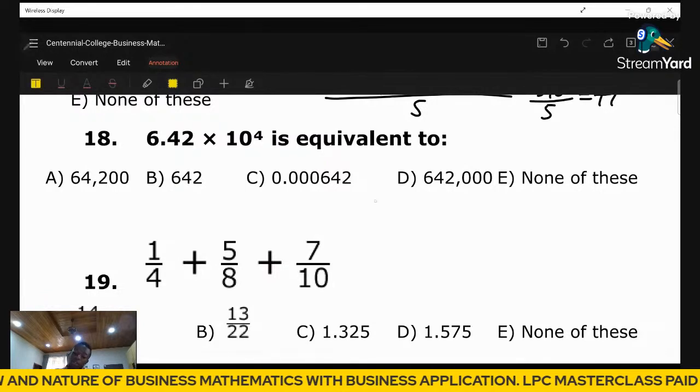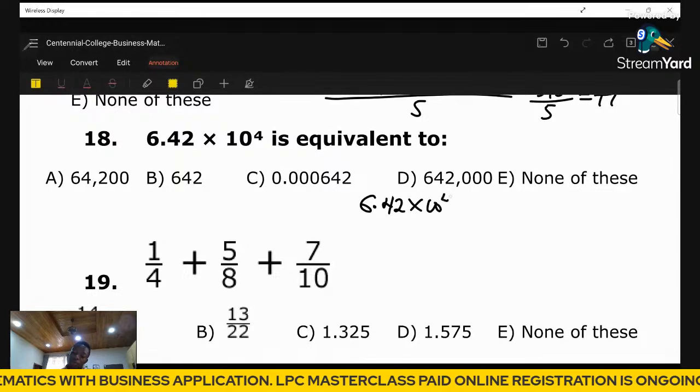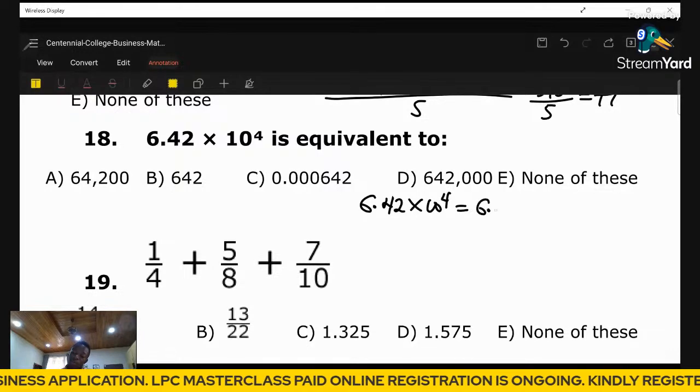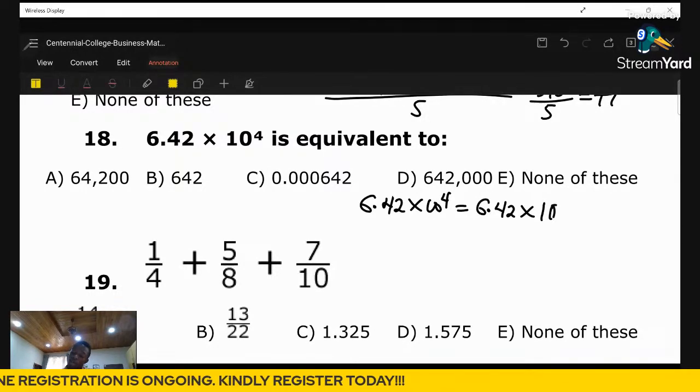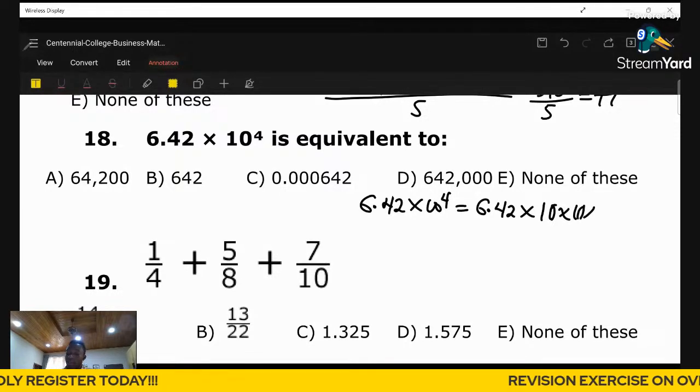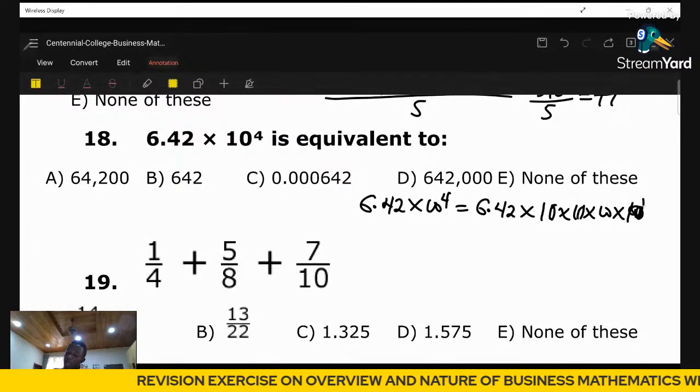So here we have 6.42 multiplied by 10 to the power of 4, which can also be written as 6.42 multiplied by 10, multiplied by 10, multiplied by 10, multiplied by 10. How many groups of 10 do you have here? 4. With our law of indices, if you have the same base, we just add the exponents.